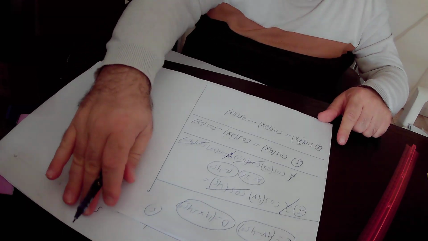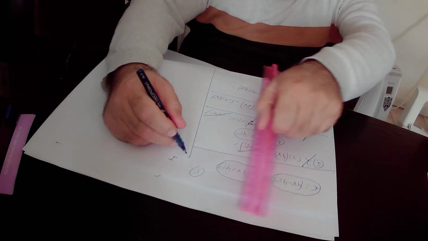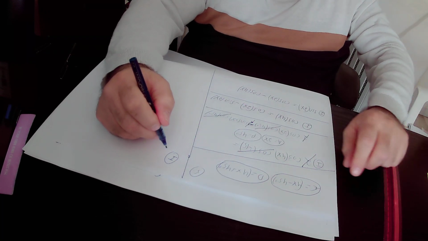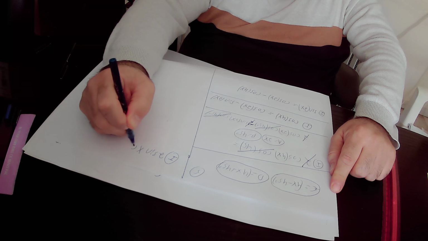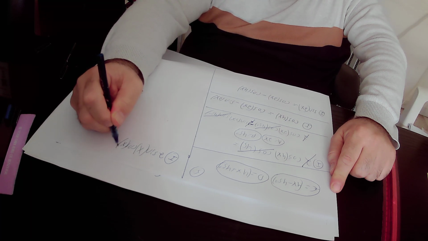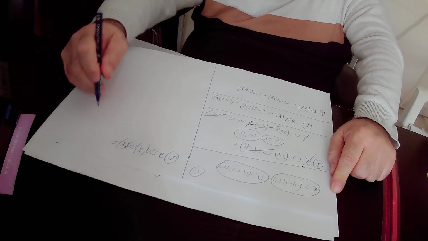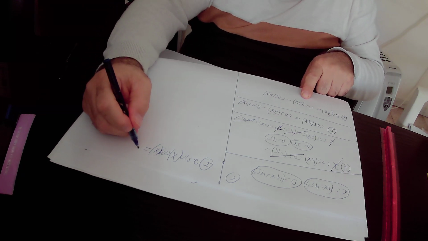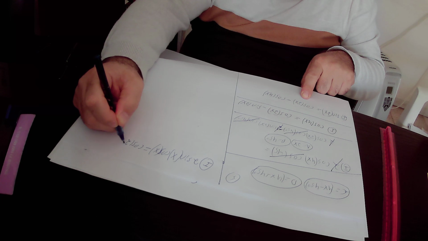Again, sine 2x is equal to 2 sine x cosine x, and it equals cosine 2x minus cosine 4x.